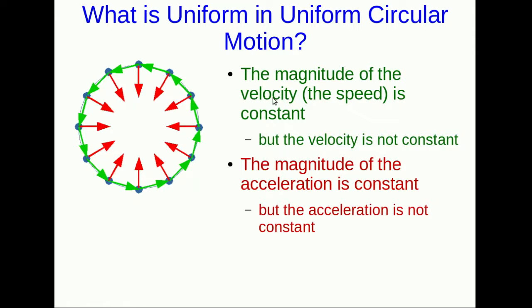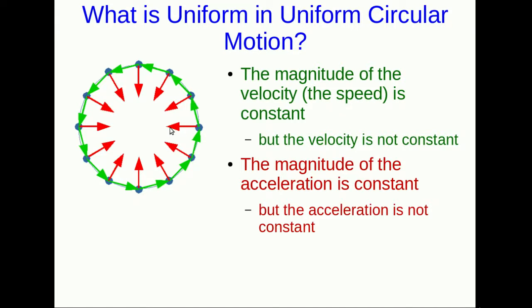The magnitude of the velocity, okay, and the magnitude of an instantaneous velocity is just the speed, that's constant. But the velocity itself is not constant. Look, it's changing direction. The velocity vector is changing, even though the speed is constant. And remember, changing the direction of the velocity vector is accelerating.